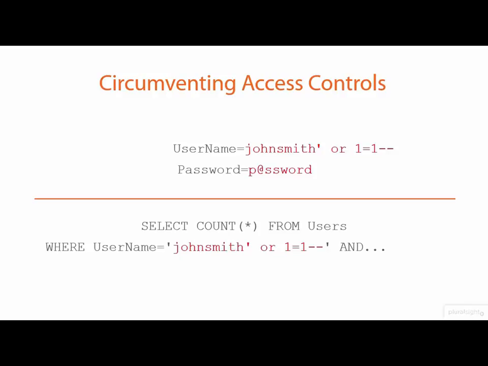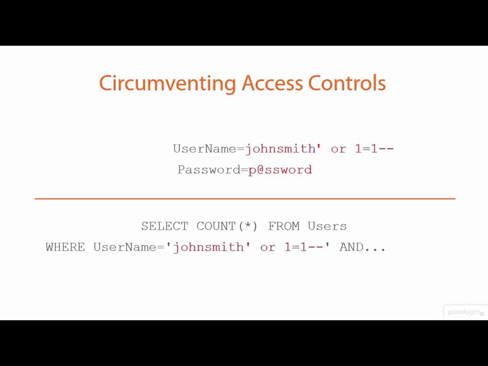Now how successful this is after that will really depend on the way the application is handling the result from the SQL server. So for example, if the application is saying run this query and if the result doesn't equal 0 or if it's greater than 0, the user gets to log on as whatever username they provided. That would be a problem. This would be a serious SQL injection risk.